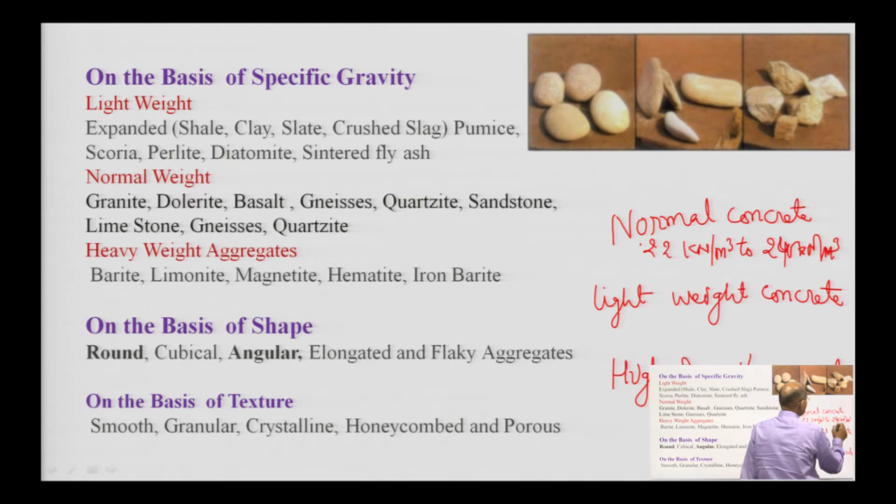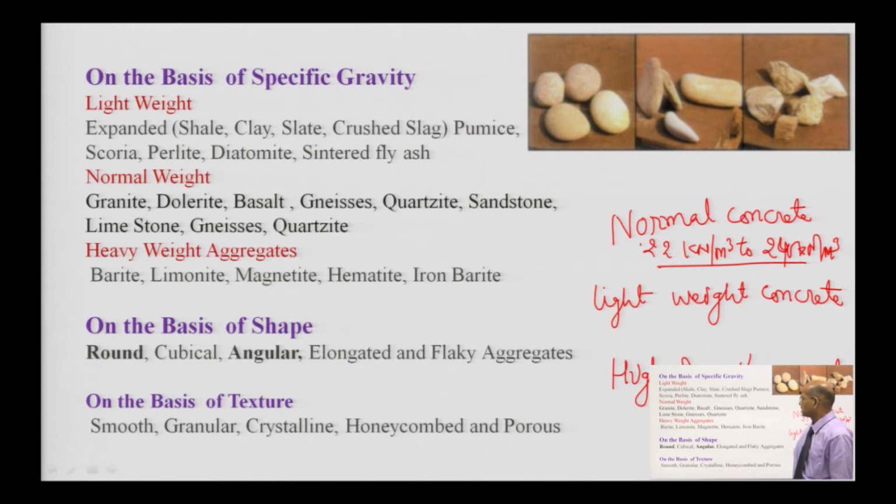If you want to produce this type of concrete for general use, you have to use aggregates like granite, dolerite, basalt, gneiss, quartzite, sandstone, limestone, etc., which give a normal weight aggregate. With the normal weight aggregate, the density will be around 2200 to 2400 kg per meter cube.